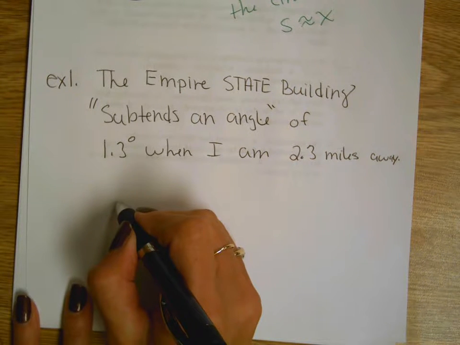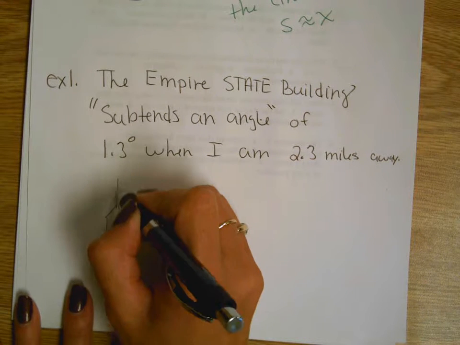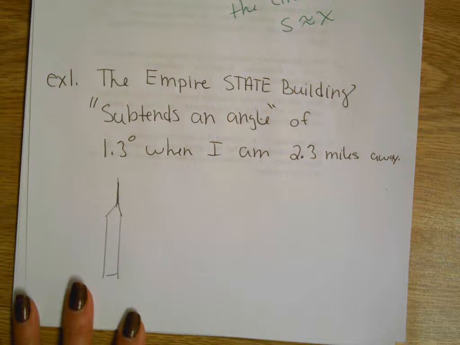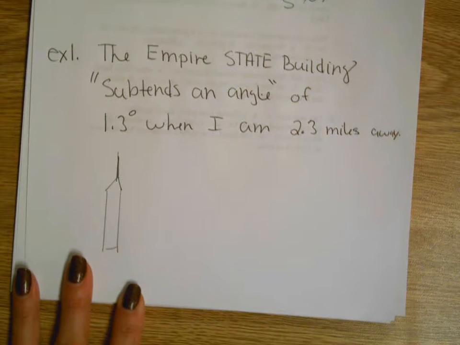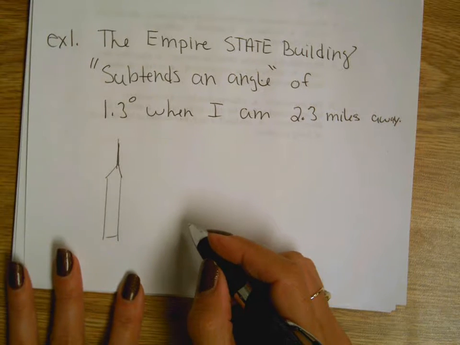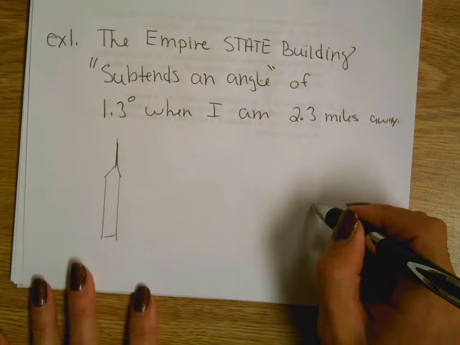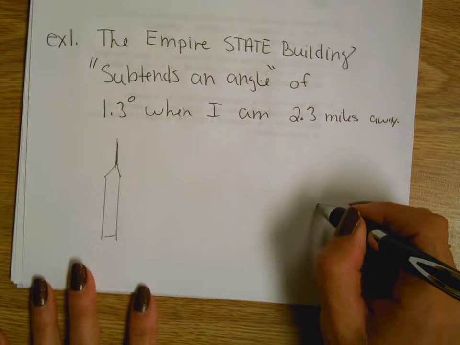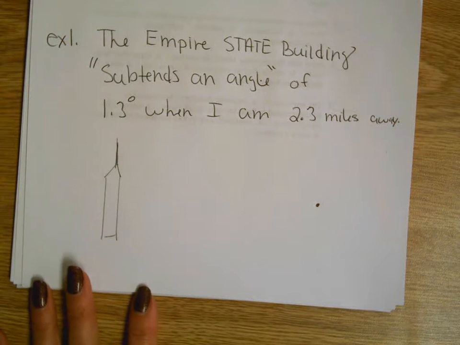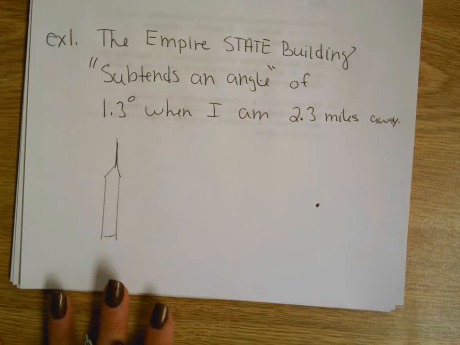So if this is our Empire State Building with its tower on top, you're 2.3 miles away. That subtends an angle kind of means you're standing at the center of a circle. So you're back up here, and you got your little angle measuring tool that lets you measure from the top of the building to the bottom of the building.